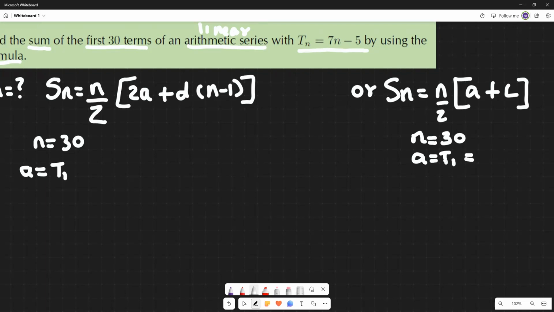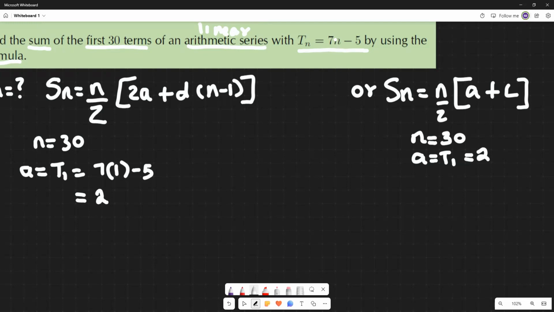I'm going to replace n by 1. So we substitute 1 into 7n - 5, which gives us 7 - 5, which gives us 2. So the first term is 2.